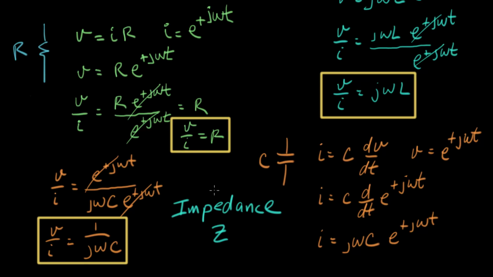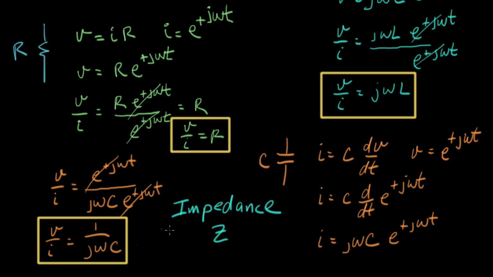For a resistor, the impedance is its resistance, R. So the word impedance is like the word resistance, except it's a more general concept. It's the general concept of voltage divided by current. For an inductor, the impedance, V over I, is j omega L. And down here for a capacitor, the impedance is 1 over j omega C. So this is where the word impedance comes from.